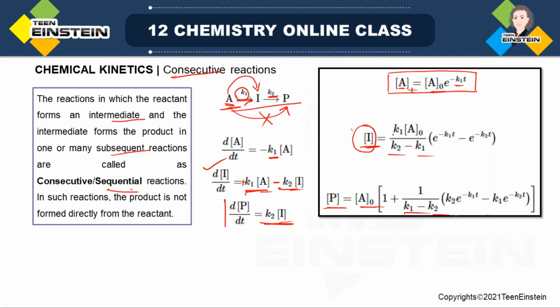So these are the final expressions for the concentration of the starting material at any time T, the intermediate at any time T, and the final product at any time T. These are the three expressions for starting material A, intermediate I, and product P.